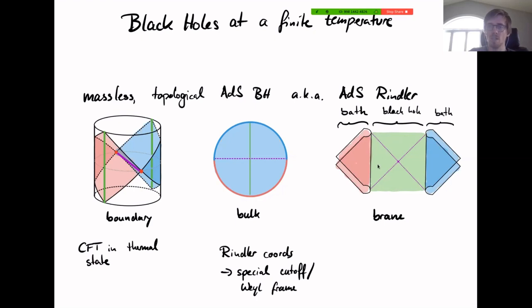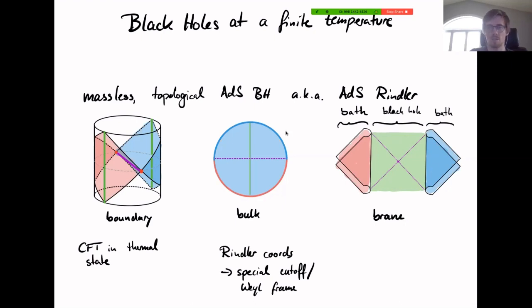Then to one side of my brane, I've glued this pink region here, which is again a non-gravitational bath region, which also has a finite temperature and has a CFT living on hyperbolic space times time. And similarly on the other side, where I've colored it blue for clarity.